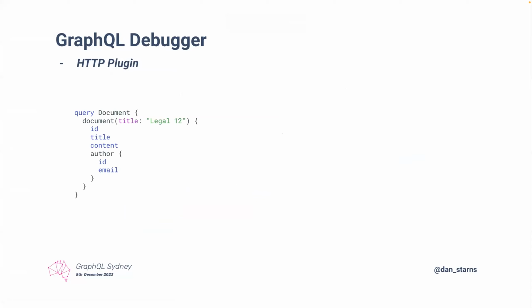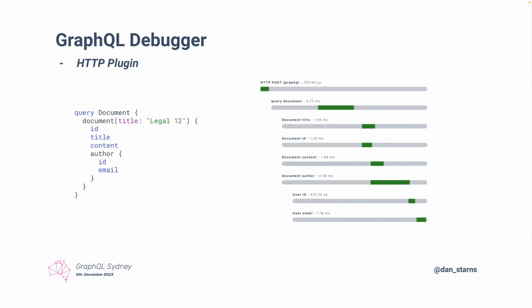So we made a plugin that essentially puts the HTTP handler right at the top of your GraphQL debugger. So you can start to see, for example, the IP address, the headers, the port, and stuff like that as well.